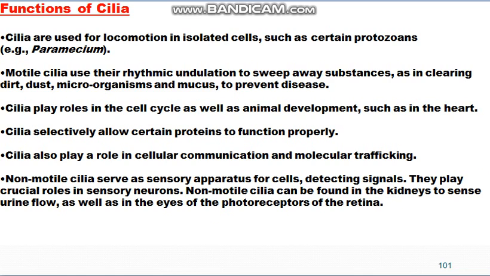So we see that the function of cilia is basically locomotive. Cilia help in locomotion, for example in paramecium. Then they help in sweeping away substances and clearing dust. They help certain proteins to function properly, help in the cell cycle, and help in communication of certain molecules. And non-motile cilia are sensory in function. So these are some of the functions of the cilia.